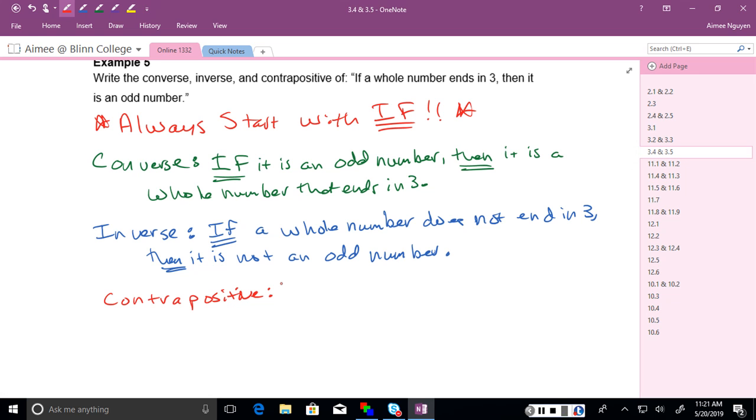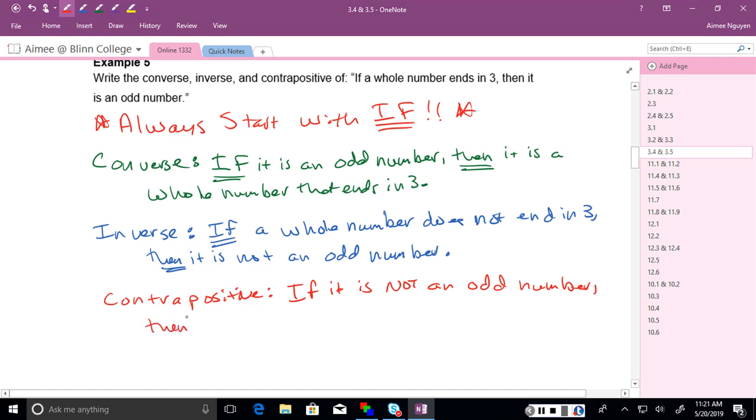So now it's going to start: if it is not an odd number, so still starting with if, it is not an odd number, then it is not a whole number that ends in 3. So again, always, we start with if. Second part is the then.